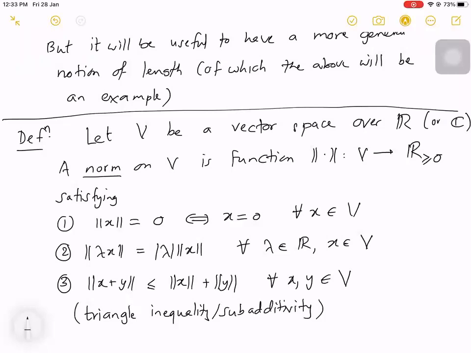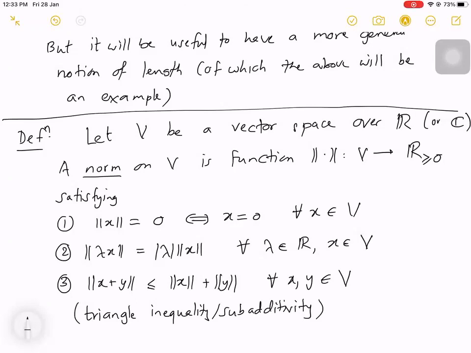So now what I would like to do is that not just for real numbers, but if I'm doing scaling by a complex number also, I would like to have the same property. And in this case, of course, I have to interpret the magnitude of a complex number in the usual sense of the magnitude of a complex number. Okay. So notice one thing, the length is always real. I'm not making the length a complex number.